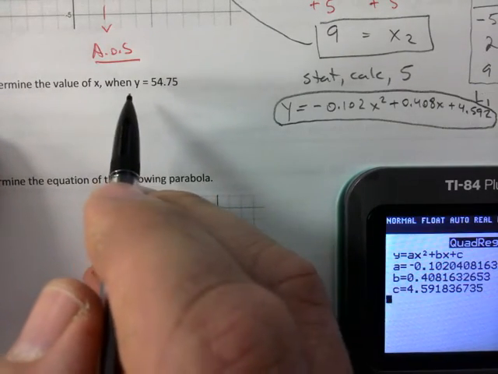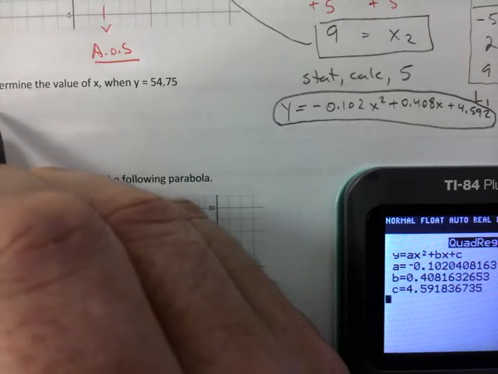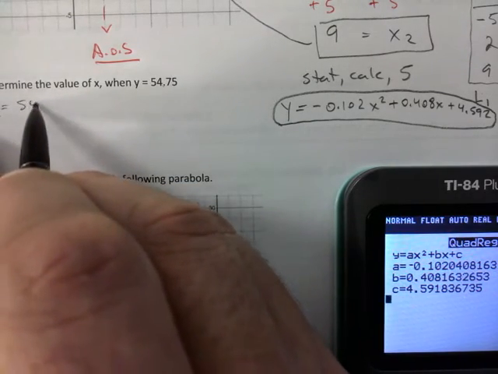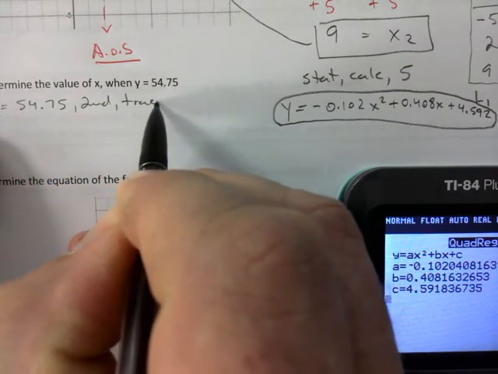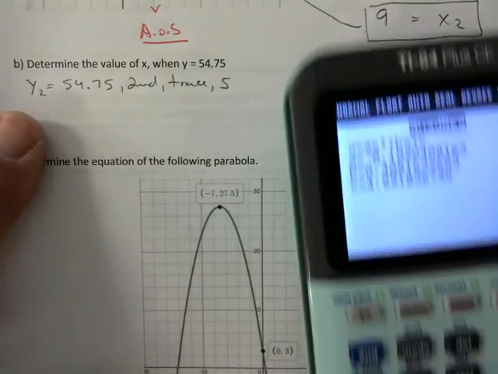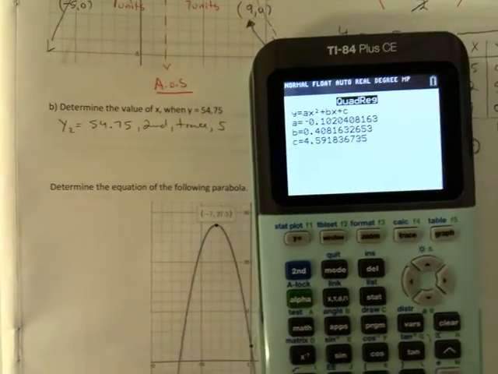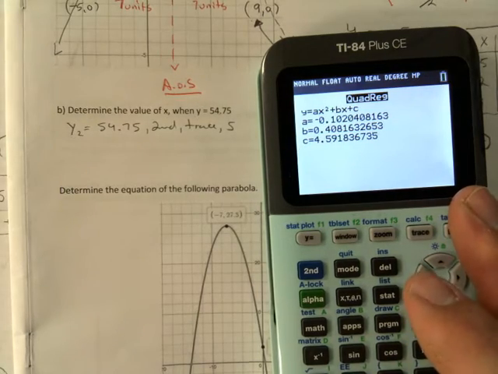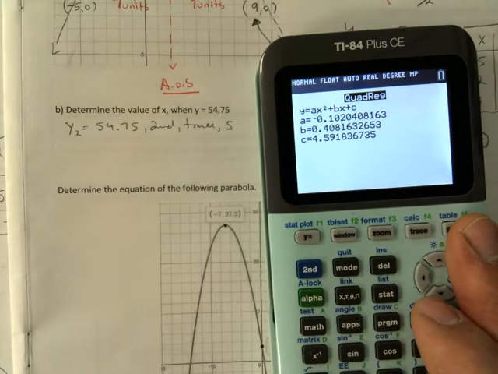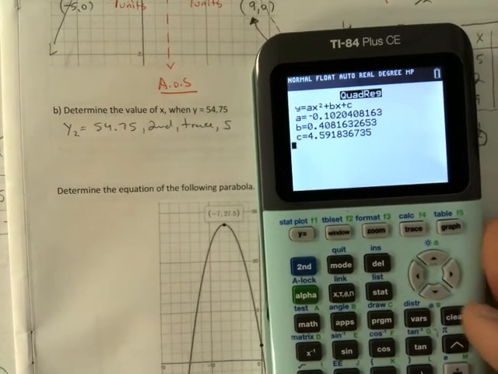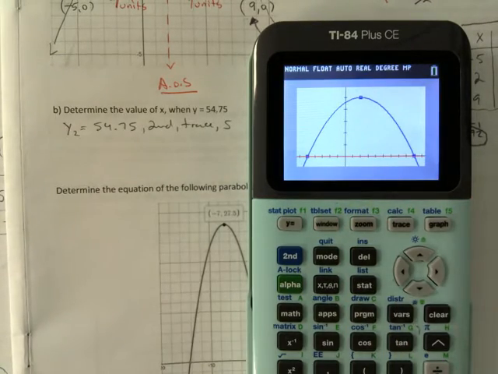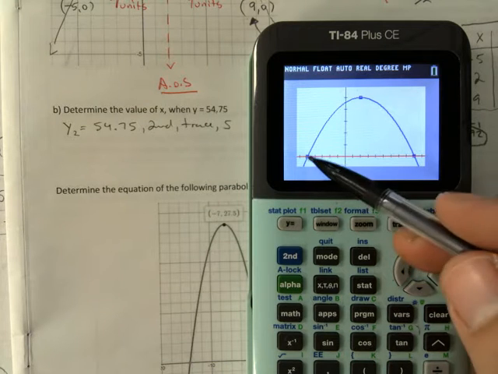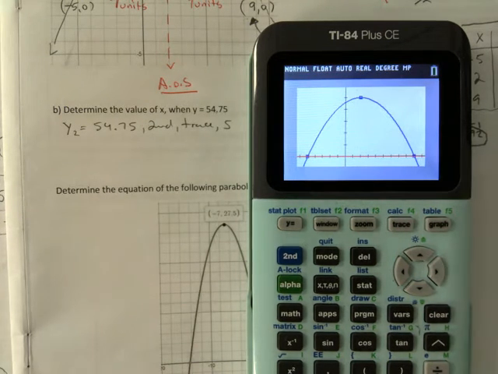How would we do that again if you know the y value? y2 is equal to 5475. And then we're going to go second, trace 5. Yeah, you guessed it. Maybe it's good to graph it, to see what this graph looks like. Actually, what you can do right off the bat is just go zoom 9, because then it will adjust the window automatically to see the points we've entered and graph it at the same time.